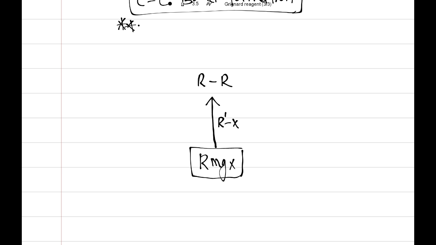And next one, when this is reacting with formaldehyde, HCHO, followed by water. In each and every reaction you should take the water molecule.